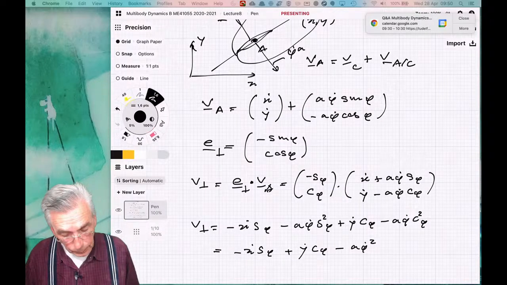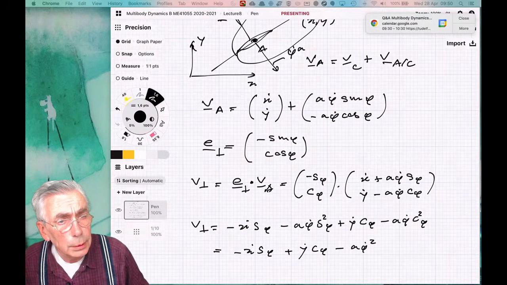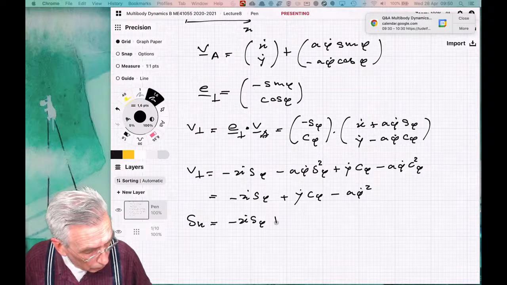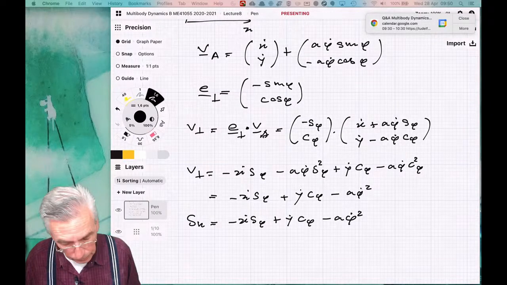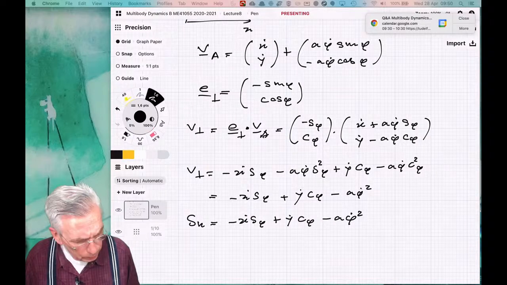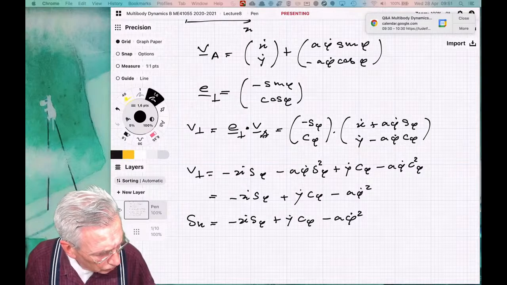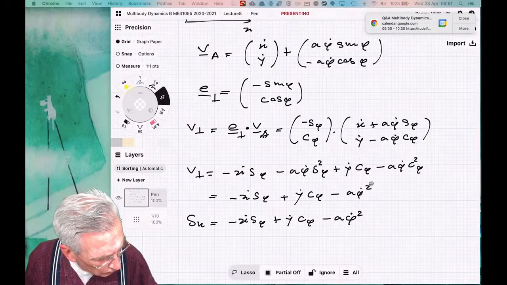And that is our non-holonomic constraint. So in other words, this s_k equals minus x dot sine phi plus y dot cosine phi minus a phi dot. Why do I say phi dot squared? Because sine squared and cosine squared.